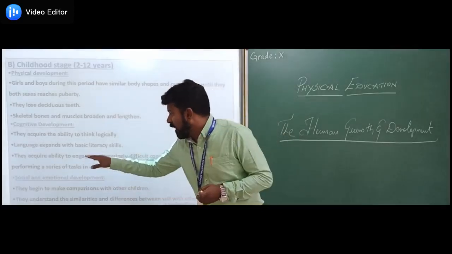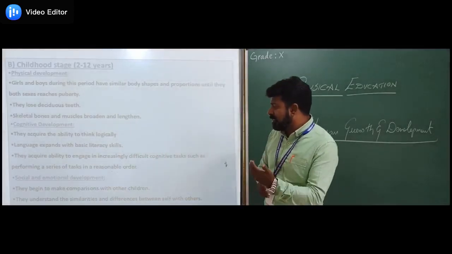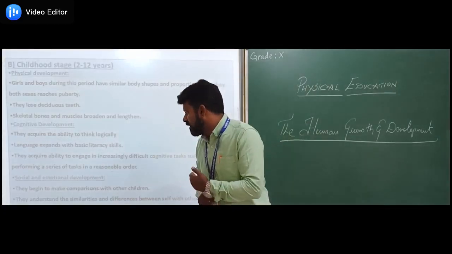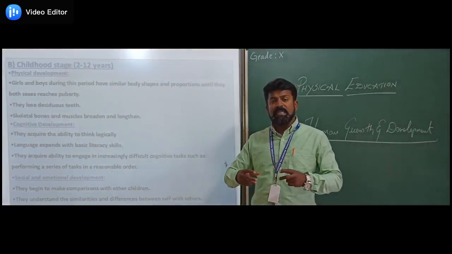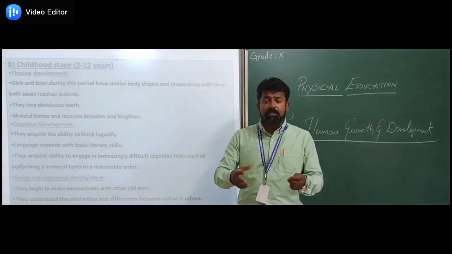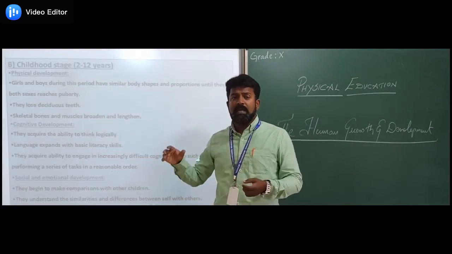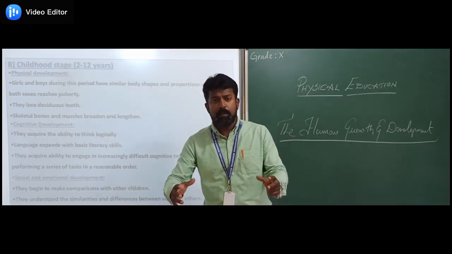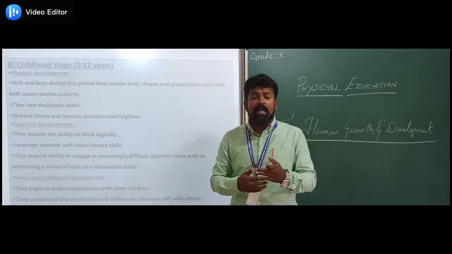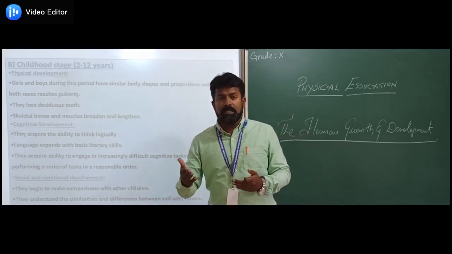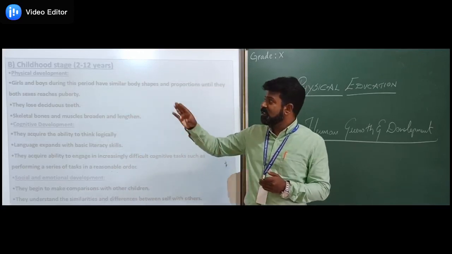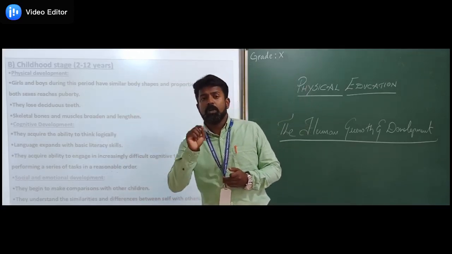Then they acquire the ability to engage in increasingly difficult cognitive tasks, such as performing a series of tasks in a reasonable order. That is why in this stage we give building blocks to the child, where they can build. When I say an orderly manner, it means they will not make the base big and then the tower small. This is how they orderly perform the task. These are all the cognitive developments in the second stage, the childhood stage, from 2 to 12 years.